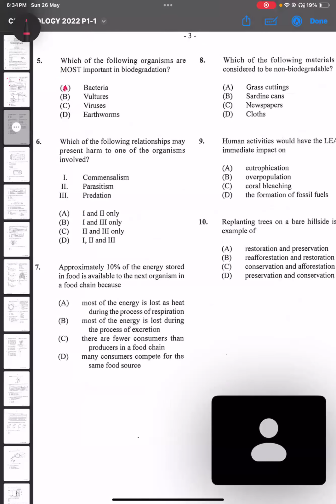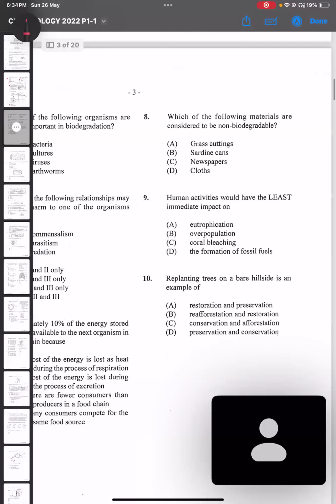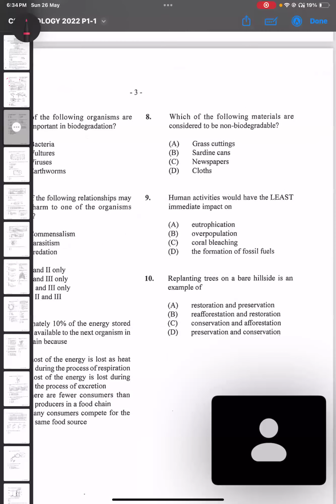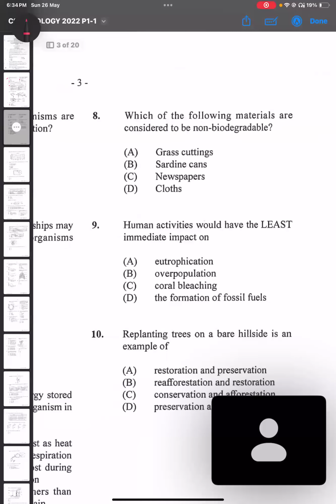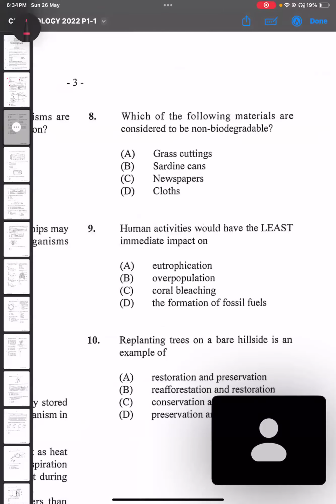We know this, it's bacteria. We know this, it is parasitism and predation. So in this case, 1, 2 is C. We know this, it's A. Number 8, which of the following materials are considered to be non-biodegradable, meaning it cannot be broken down? A, sardine cans.